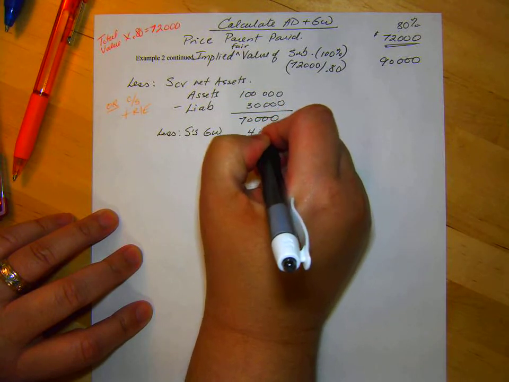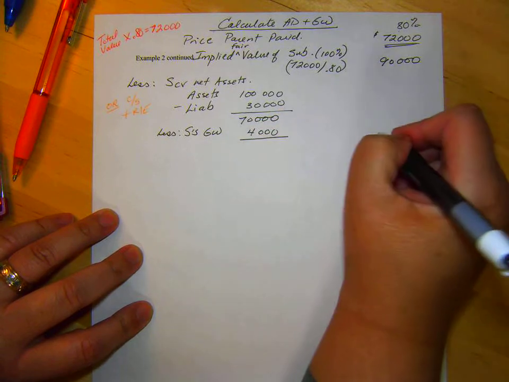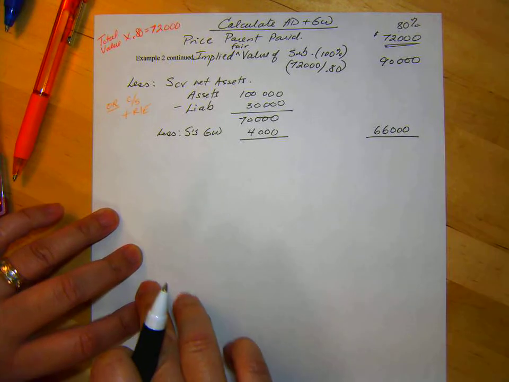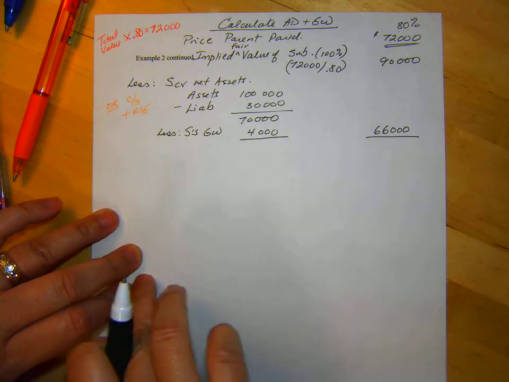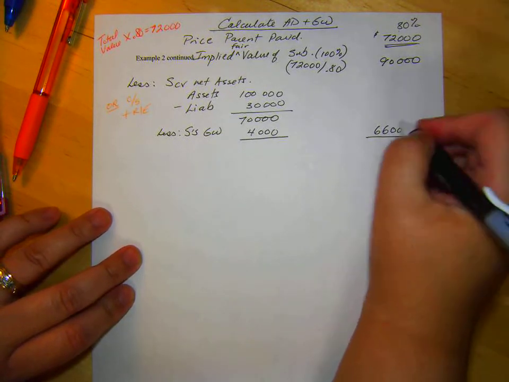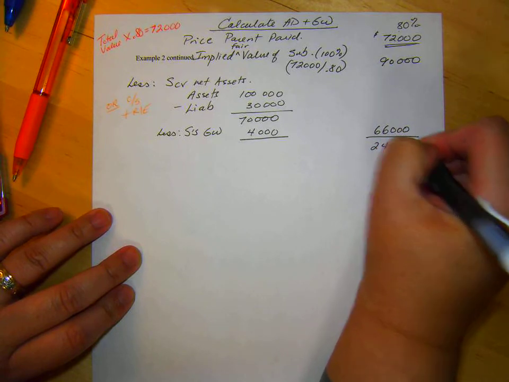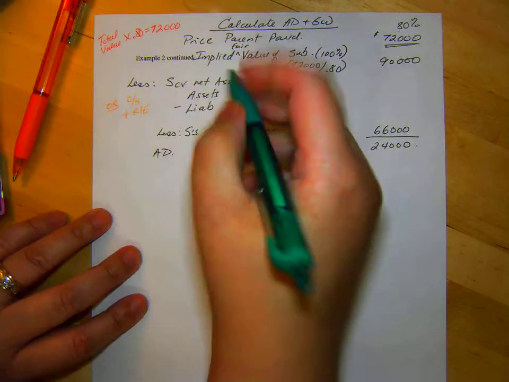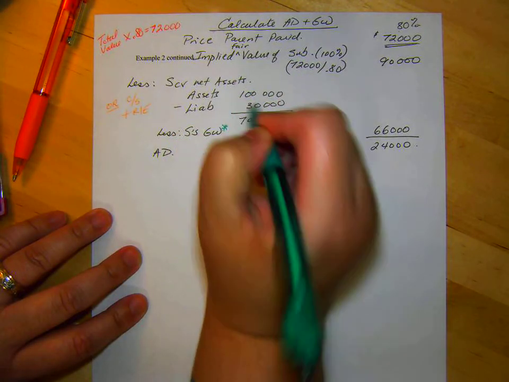So that's 4,000, and that gives us 66,000. Leave about this much at the bottom, so don't write too big here. Which gives us 24,000, which is acquisition differential. So this is kind of new, okay?